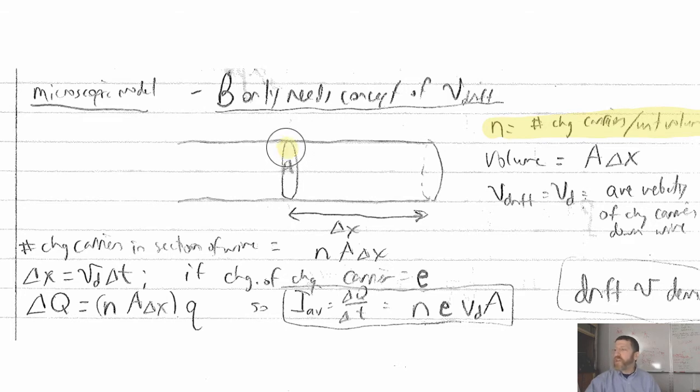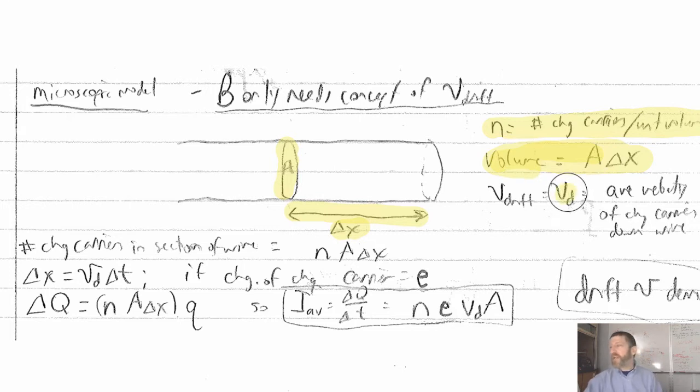Now, a section of wire has cross-sectional area A, and I'm going to be examining a length delta x. The volume of that section is simply A times delta x. Are we in agreement on that? And the other thing you need is the drift velocity of electrons.